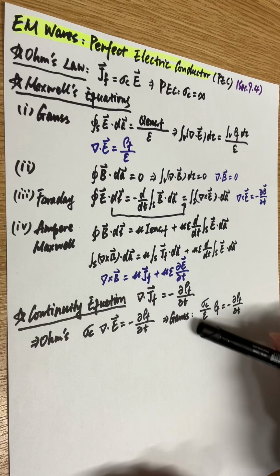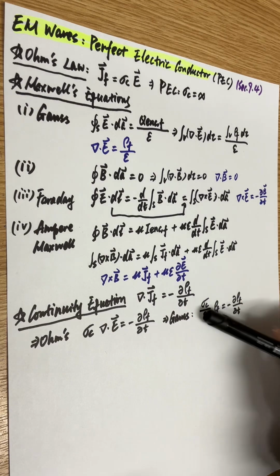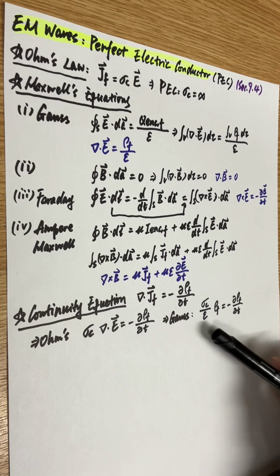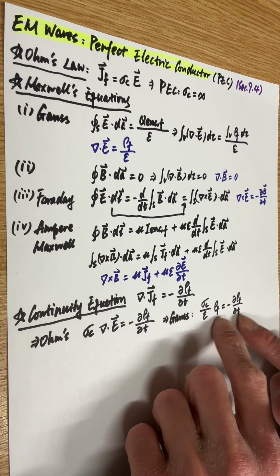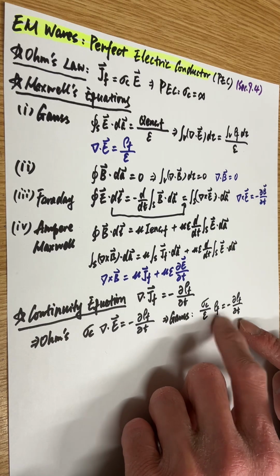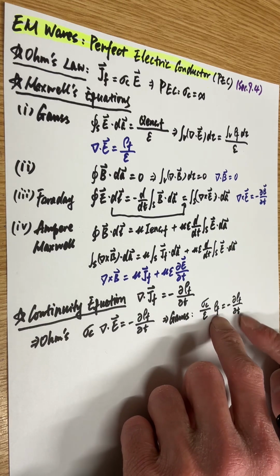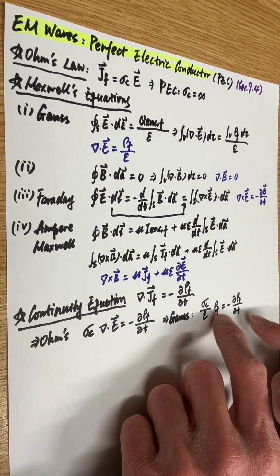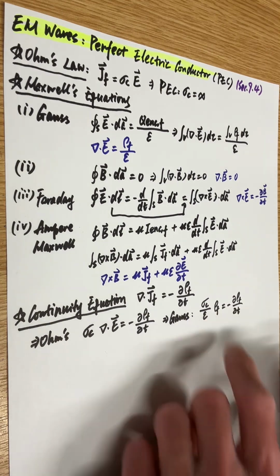So this term is determined by the material. It should be a constant. And then it is very clear to see that the charge density should be a function of time.